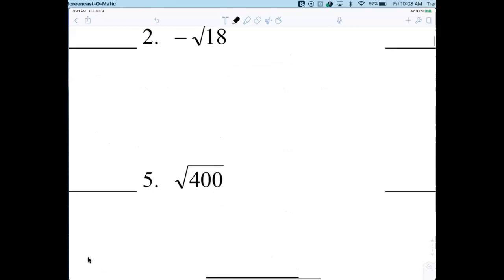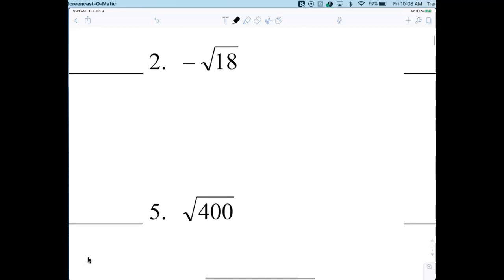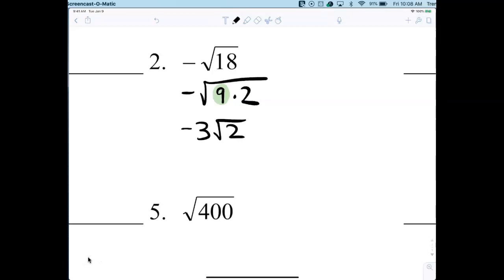18. Now, everybody under 18, do this: negative square root of 9 times 2. I don't understand why this is hard. Everybody good with that so far? Now, what's the square root of 9? 3. The answer to this problem is negative 3 radical 2.